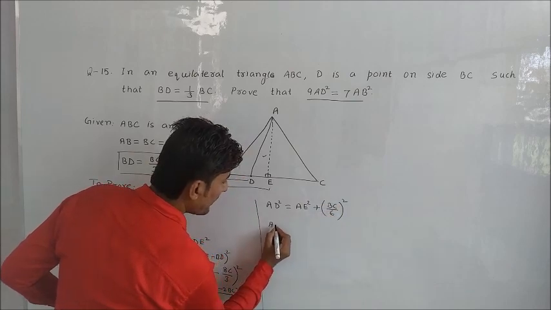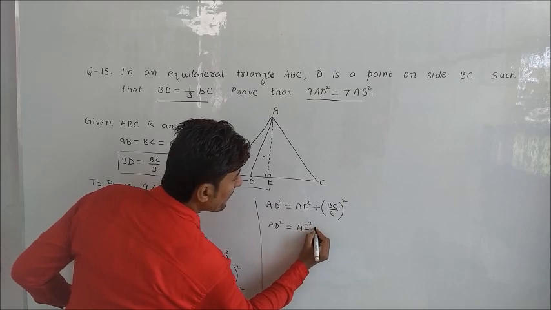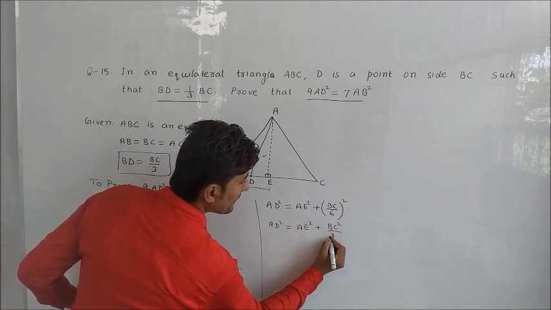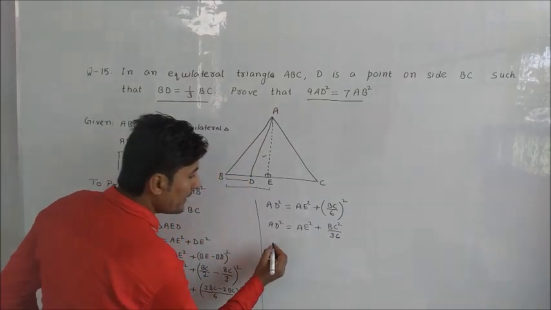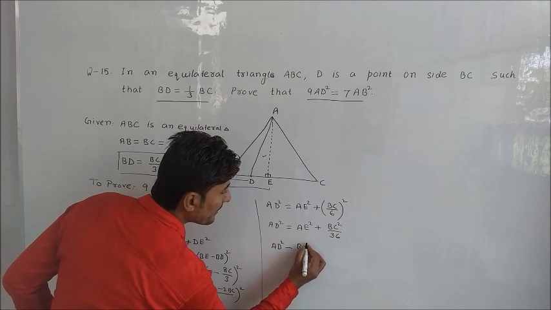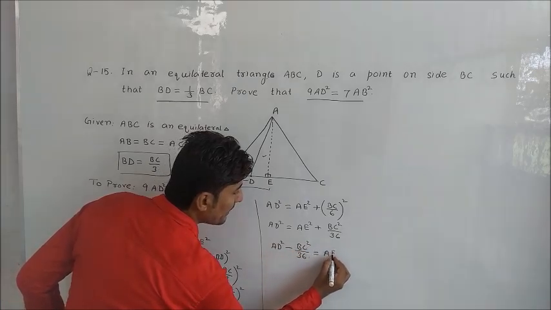Here we can write AD square equals AE square plus BC square upon the square of 6, which is 36.